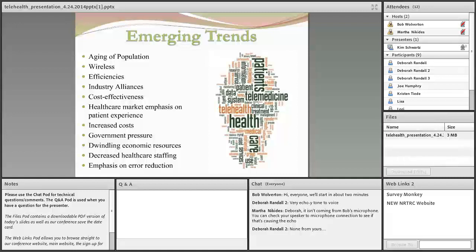So the healthcare market emphasis on patient experience, everybody knows what we're talking about when we say patient centered medical home. This is a great patient engagement component, the teachable moments, the patient learning, immediate feedback on what happens when they don't take their meds.